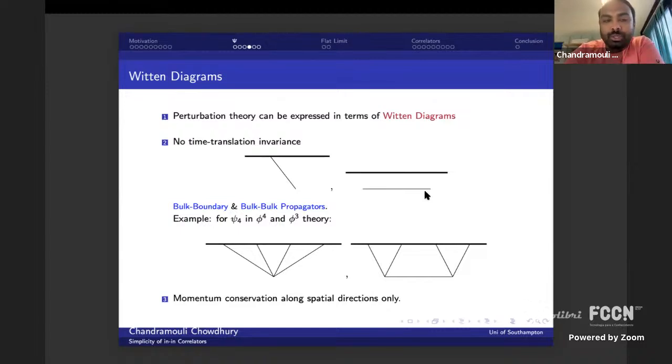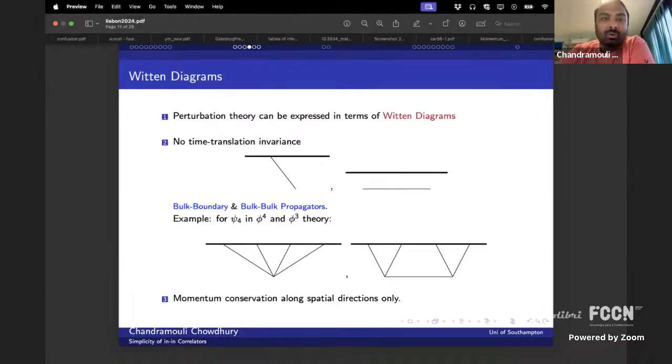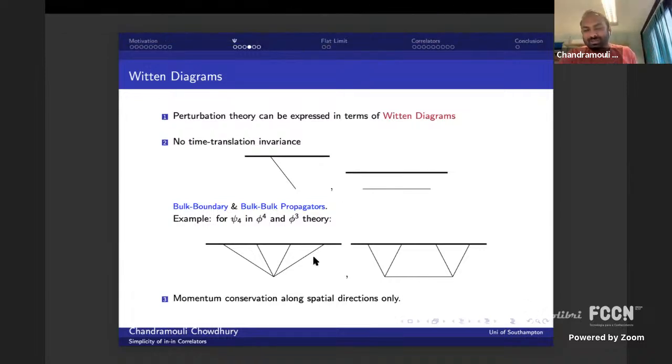And for example, if you were interested in computing the 4-point wave function coefficient, sometimes called the 4-point function, in phi-4 theory, you would draw a diagram like this. That's the contact diagram. And in phi-cube theory, you would draw a diagram like this. Now, while this might look like a loop level diagram, these are really just diagrams at tree level, because the thick line is just denoting the boundary at t equal to 0.